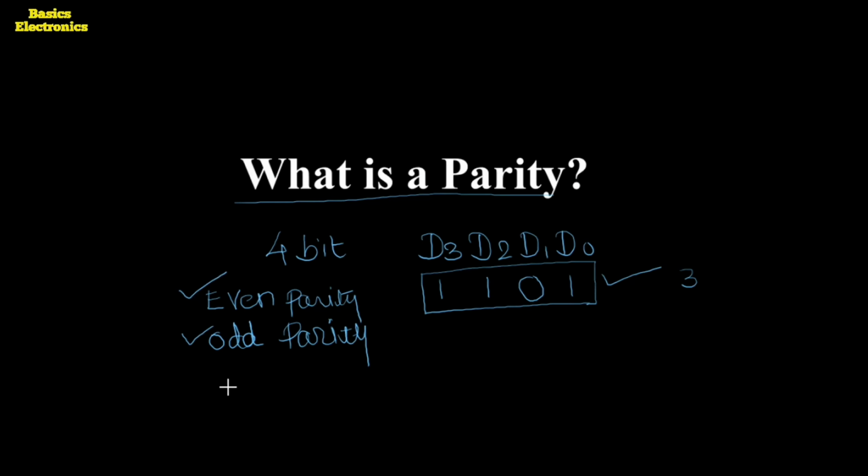So the question comes, what is the parity checker, what is the parity tester, or what is the parity generator? The parity tester and the parity checker are circuits available at the receiving end, where we can check the number of ones, that is the parity of the input data, and accordingly the circuit produces the output.